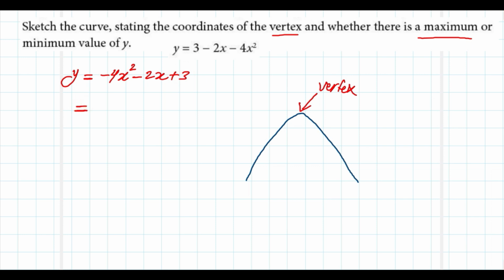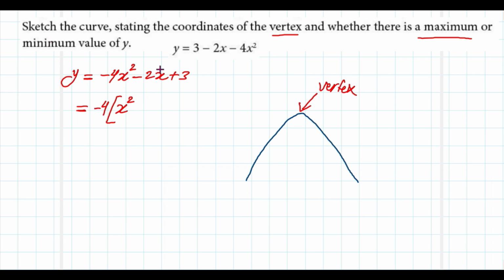Then the leading coefficient must be 1, not -4. Therefore, we need to take out -4 as the common factor between the first two terms. So x squared will remain here. Then we have taken out -4.